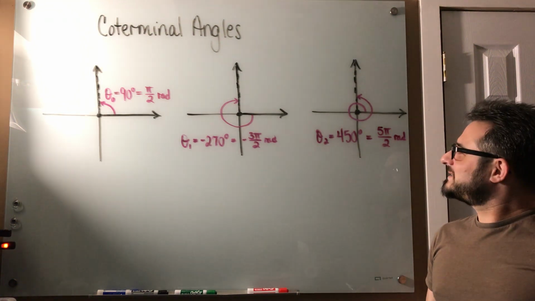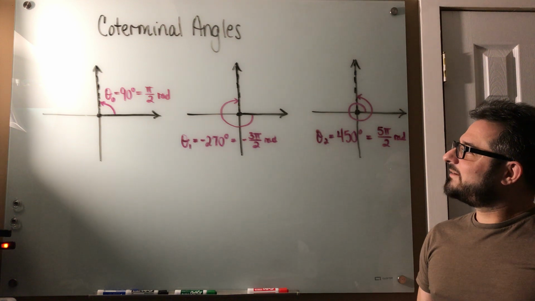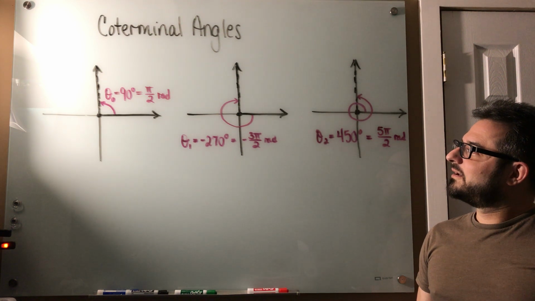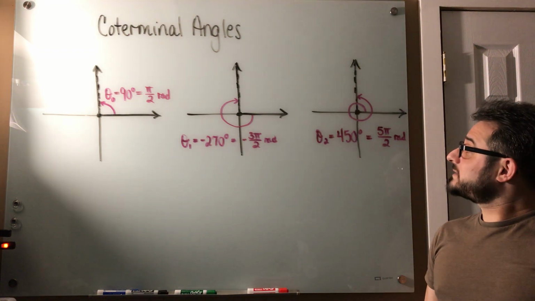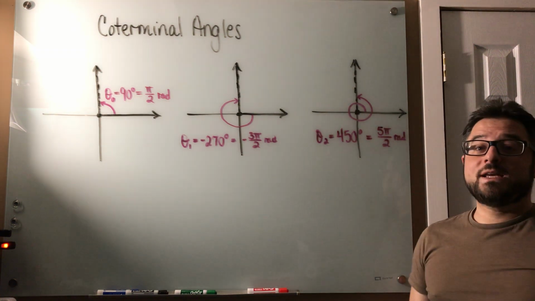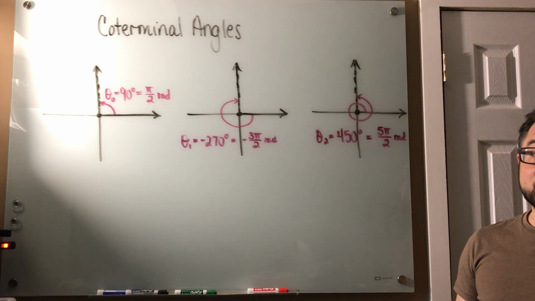An interesting thing, to be sure. We can have angles that are positive or negative. We can have angles that exceed a full rotation of the circle in either direction.